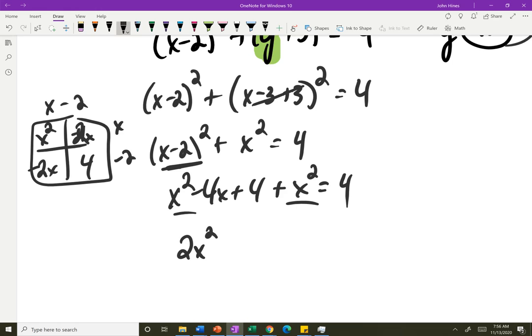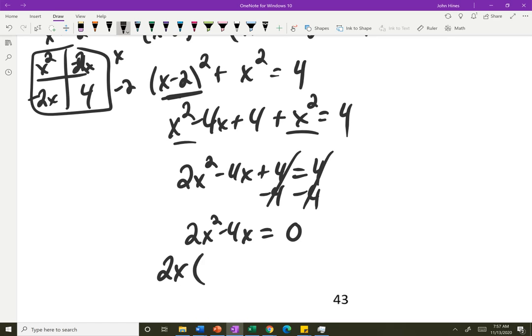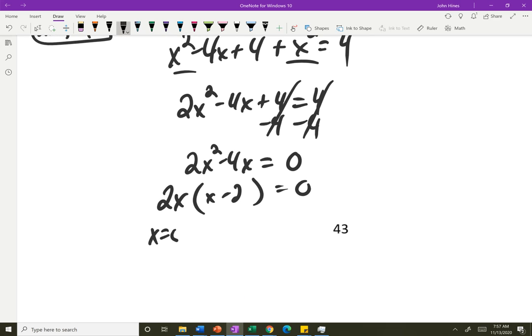Combine like terms. Nope, doesn't equal 0 yet. I need it to equal 0. So 2x squared minus 4x equals 0, which means I've got a GCF. And we're left with x equals 0 or x equals 2.